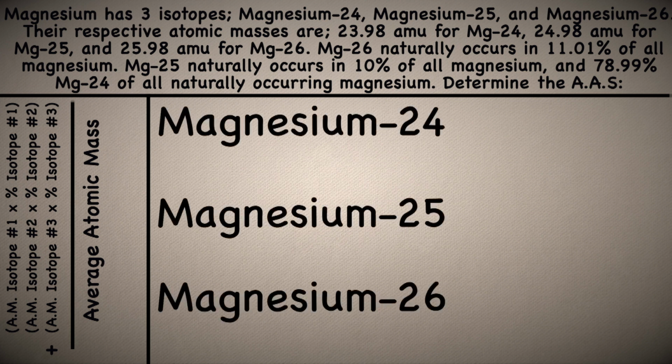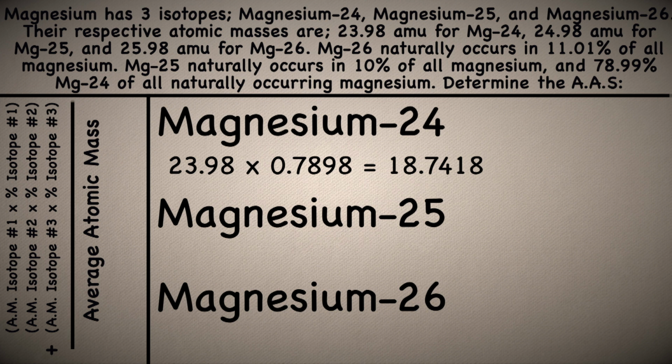So we just go through this once again. Magnesium 24, its atomic mass is 23.98. I multiply it by its percent abundance converted to a decimal, which is 0.7899, and I get 18.7418. Then we go down to magnesium 25. Its atomic mass is 24.98, and I multiply that by its decimal, which is 0.1.